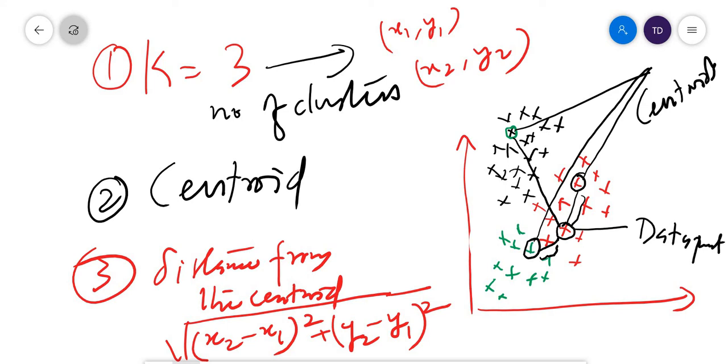You understood that even though this data point is coming under the red cluster, it is close to the first cluster.